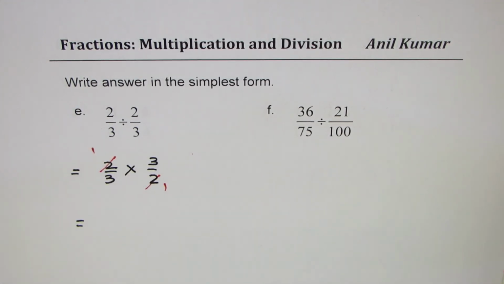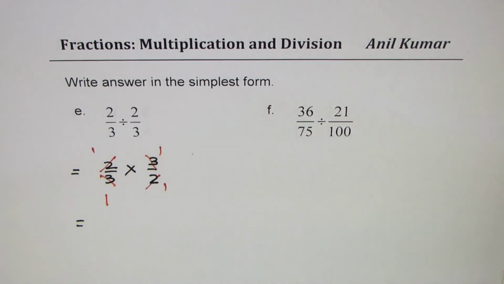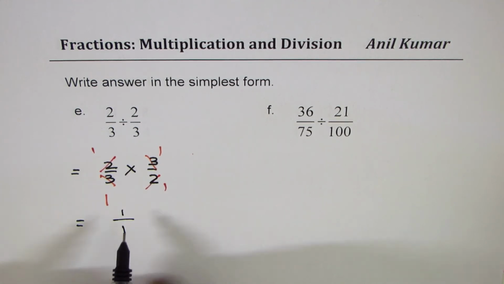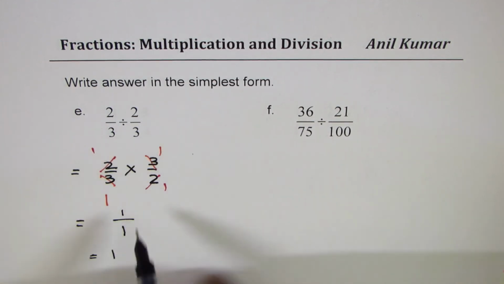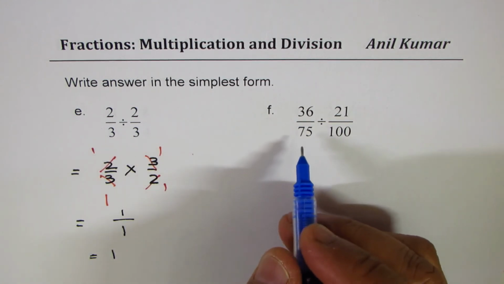You get 1s here. On the other hand, 3 and 3 also cancel out, leading to 1 over 1. So as you know, when you divide by the same number, you get 1 as your result. So division by the same number, as expected, should give you 1. Correct? 2 over 3, 2 over 3 are exactly the same numbers.